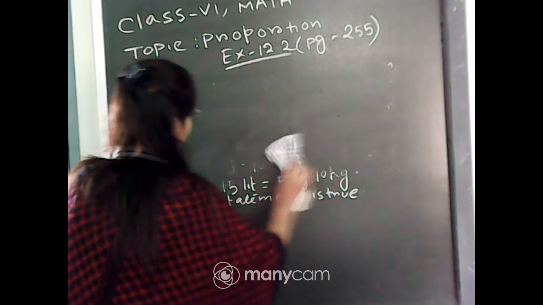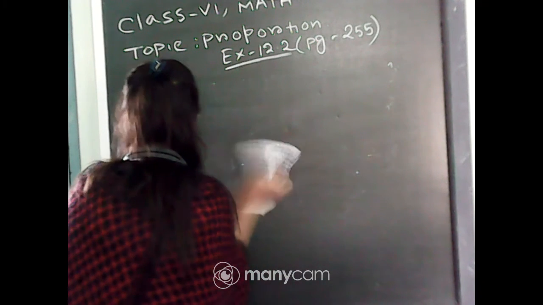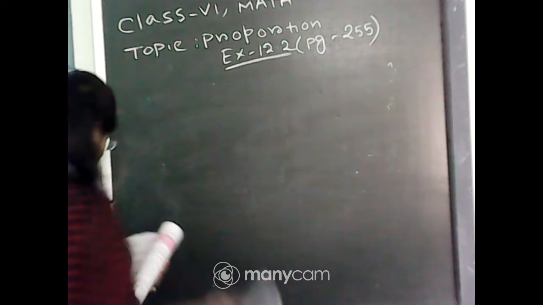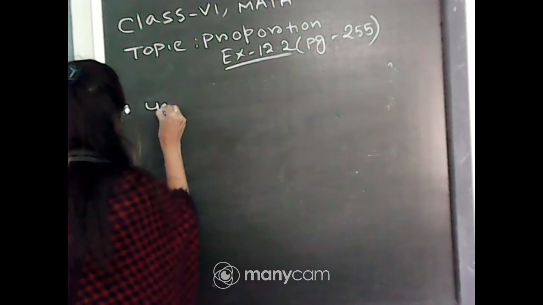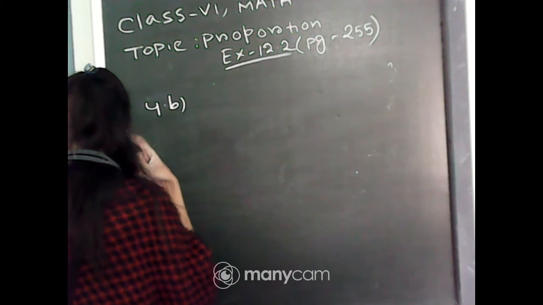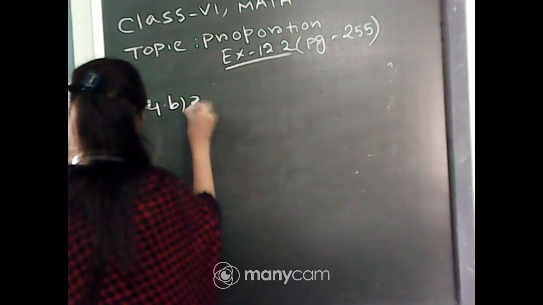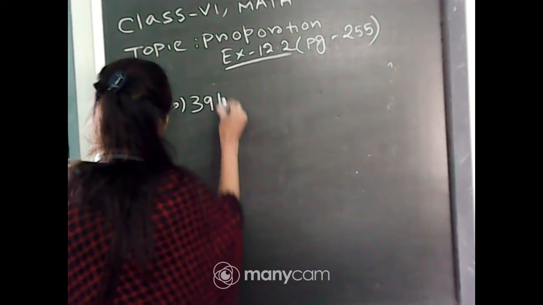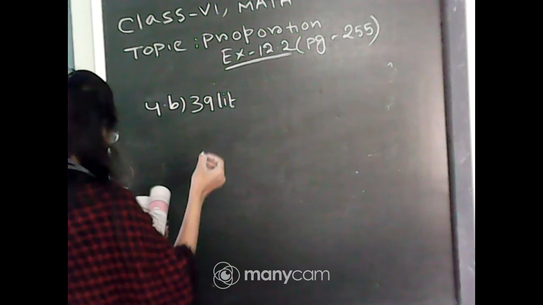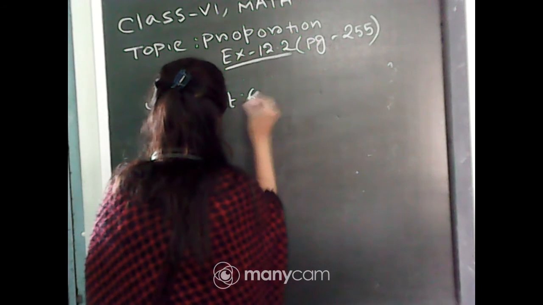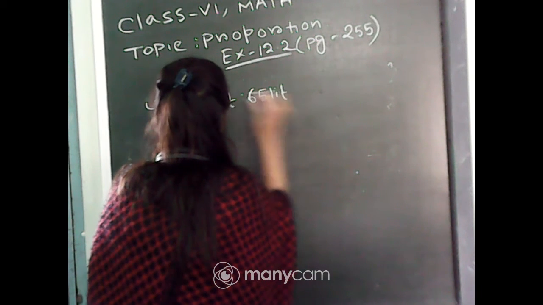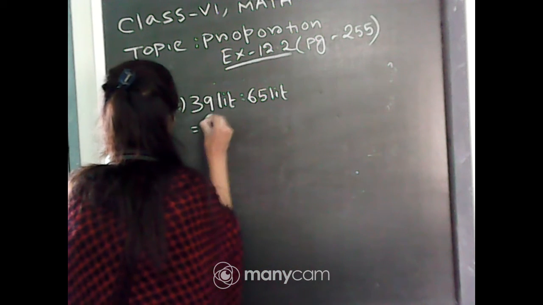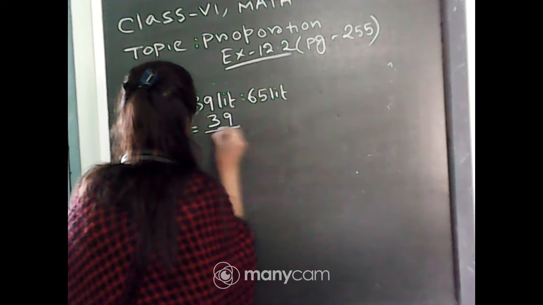Next question, 4b. First we find the ratio of 39 liters and 65 liters. That is 39 liter is to 65 liter is equal to 39 divided by 65.